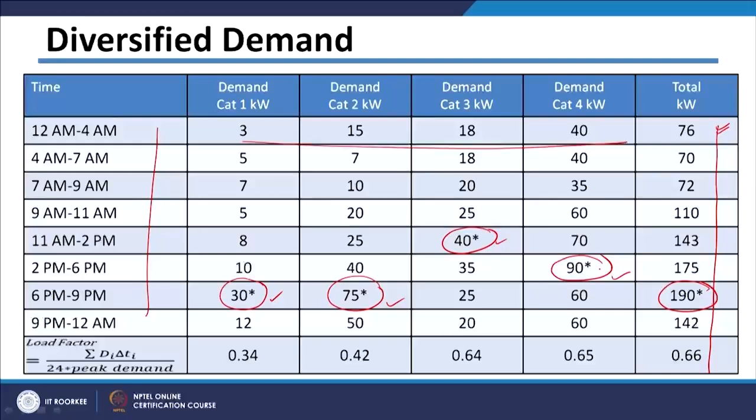If they would have come at the same time, then the peak demand on the system will be actually just 30 plus 75 plus 40 plus 90.